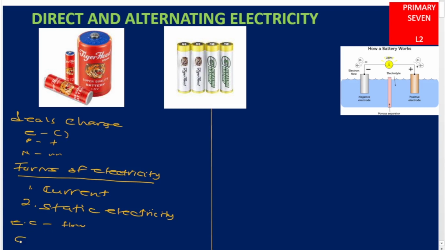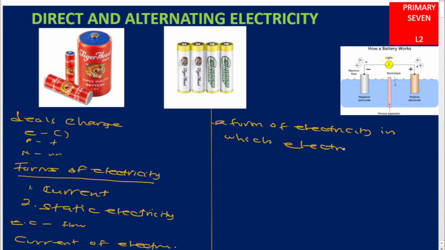So current electricity is a form of electricity. Let me write here: it is a form of electricity in which electrons flow, in which charges or electrons do flow. Just that is current electricity.